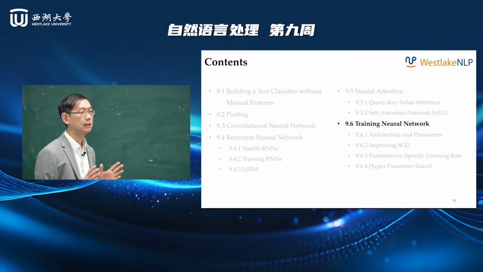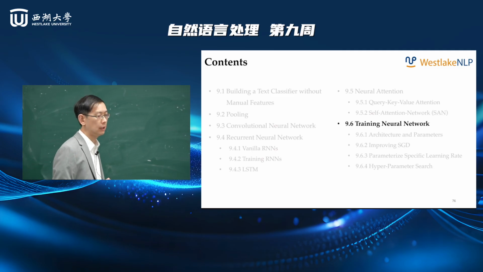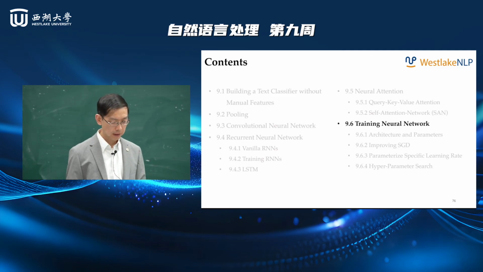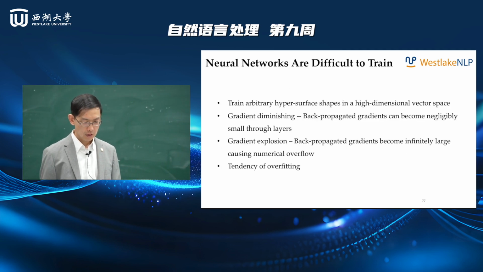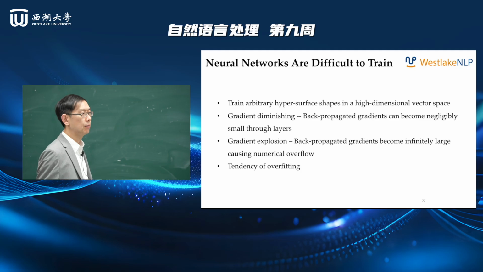All right, so as the last part of today, I have to talk about training of neural networks. Remember, we built RNNs, and we looked at the backpropagated gradients, and we found that they can explode.